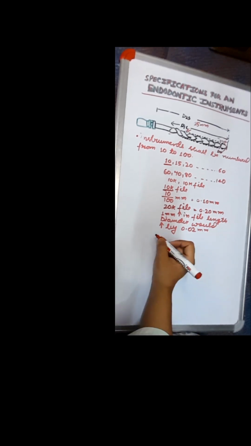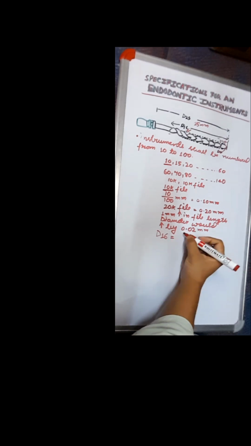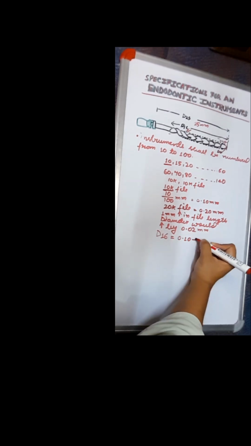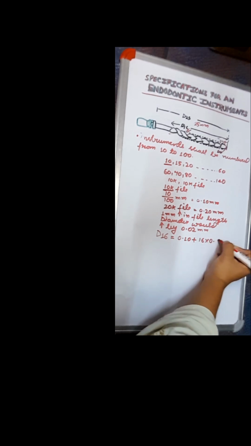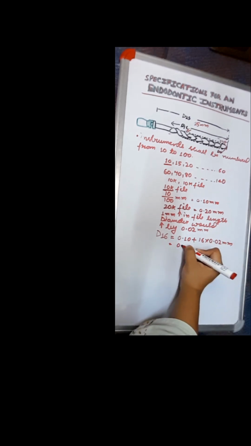Now the diameter at D16 would be calculated as 0.10 plus 16 into 0.02 millimeter.